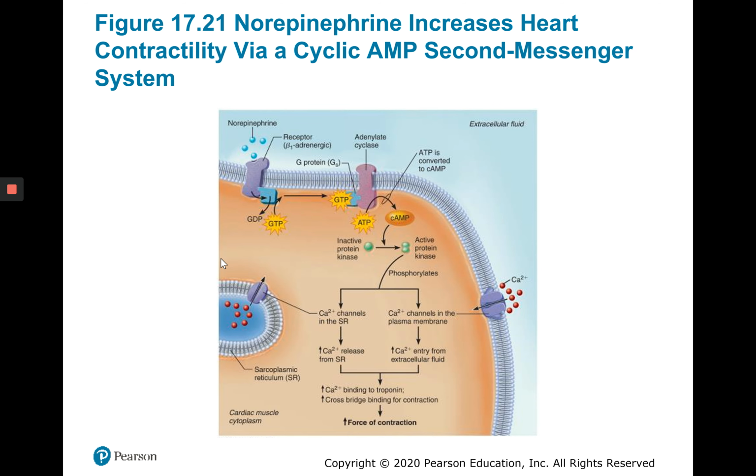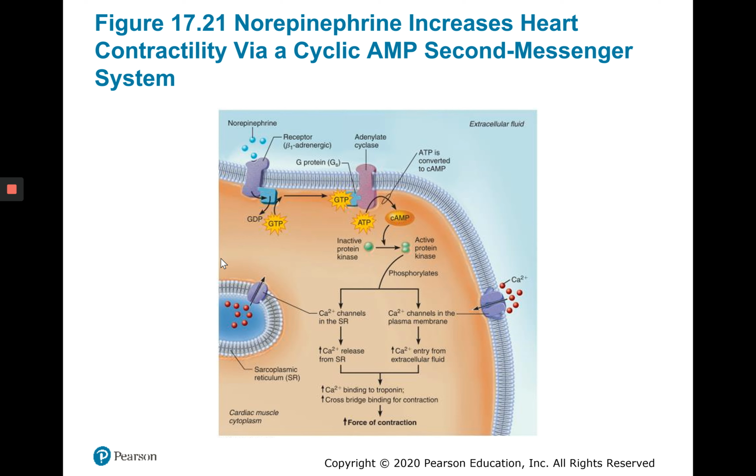Here's an example of sympathetic norepinephrine and epinephrine release from the adrenal medulla. Here we see norepinephrine specifically binding to a beta sub-1 adrenergic receptor in the plasma membrane of this cell. This is going to activate a secondary messenger system, leading to the production of the secondary messenger cyclic AMP, which turns on protein kinases.